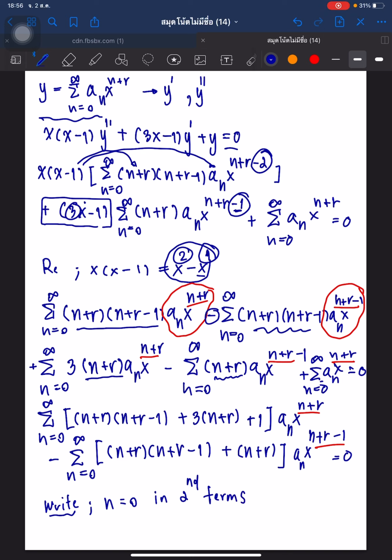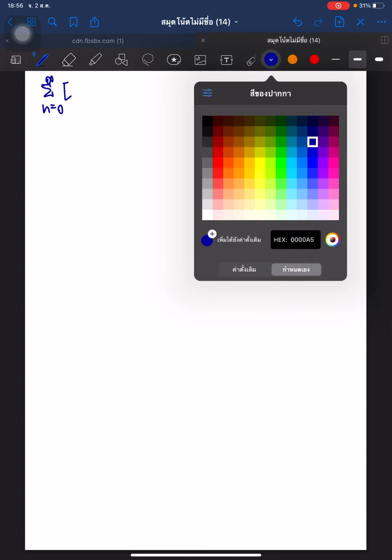After we substitute n equals 0, we get three terms. The first term is the same: the sum from n equals 0 to infinity of (n plus r)(n plus r minus 1) plus 3(n plus r) plus 1, times a_n x to the n plus r.